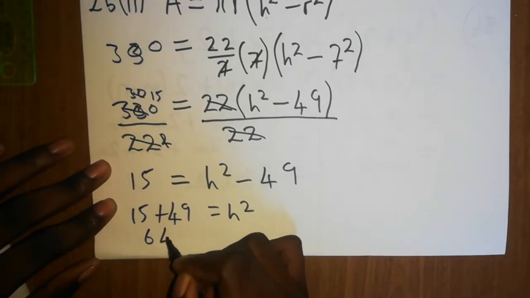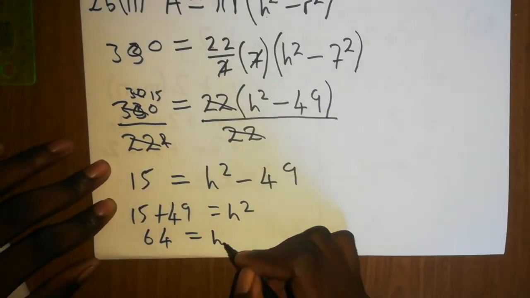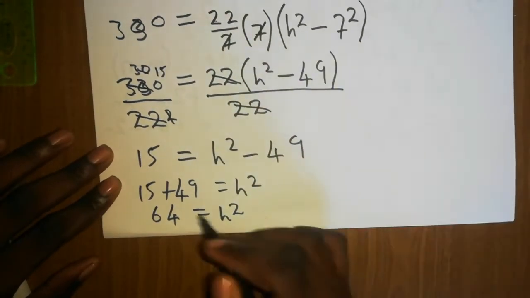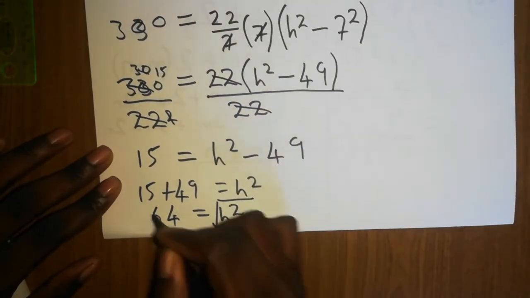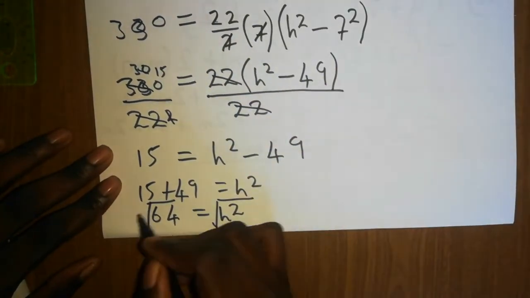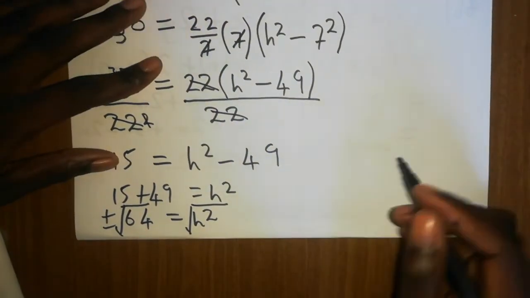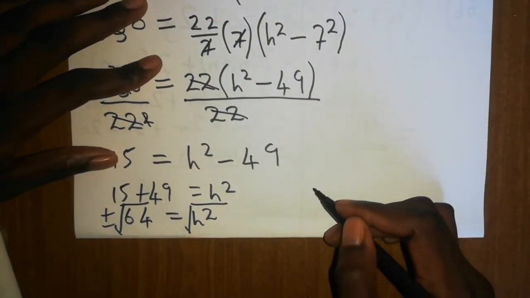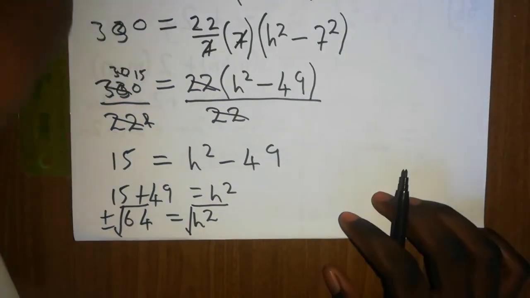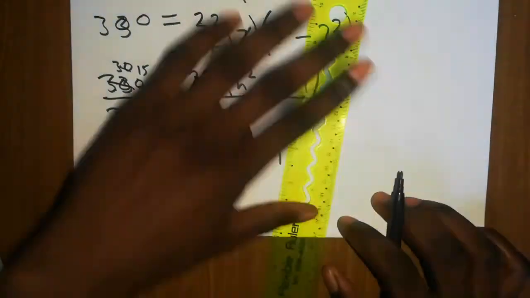So that's 64 is equal to h squared. Then I'll root both sides. Here it's plus or minus. So my answer is going to be structured like this. Let me divide here.